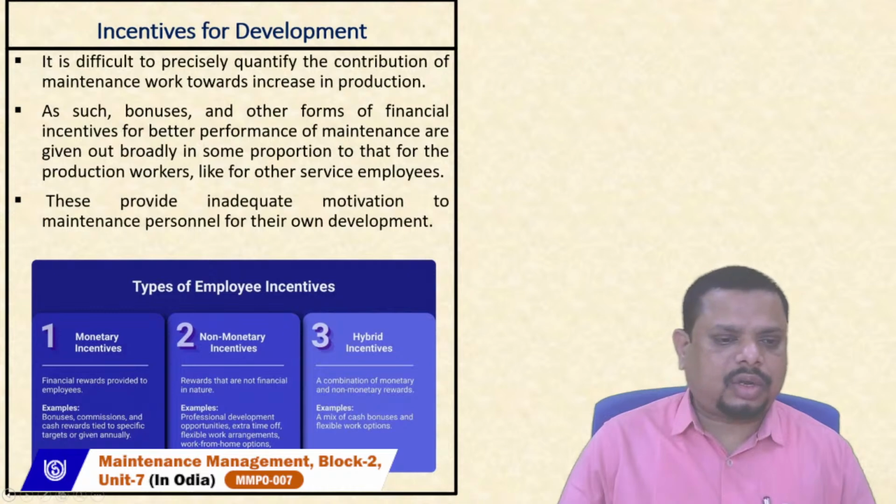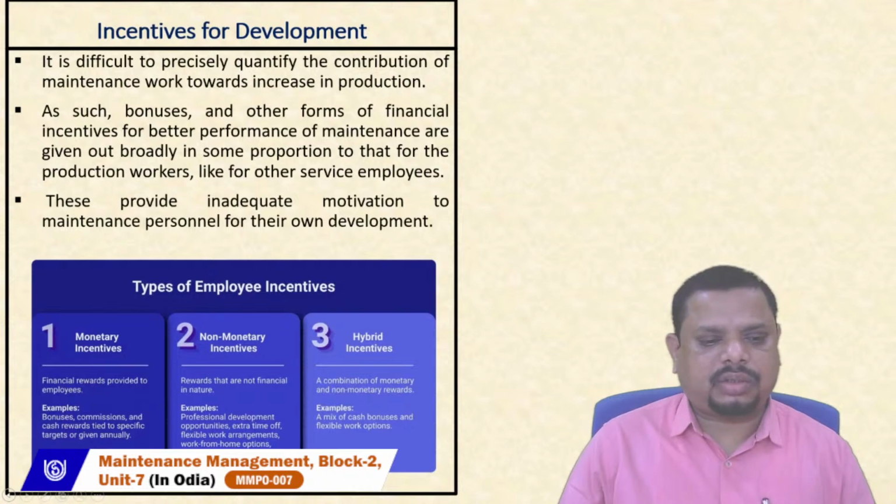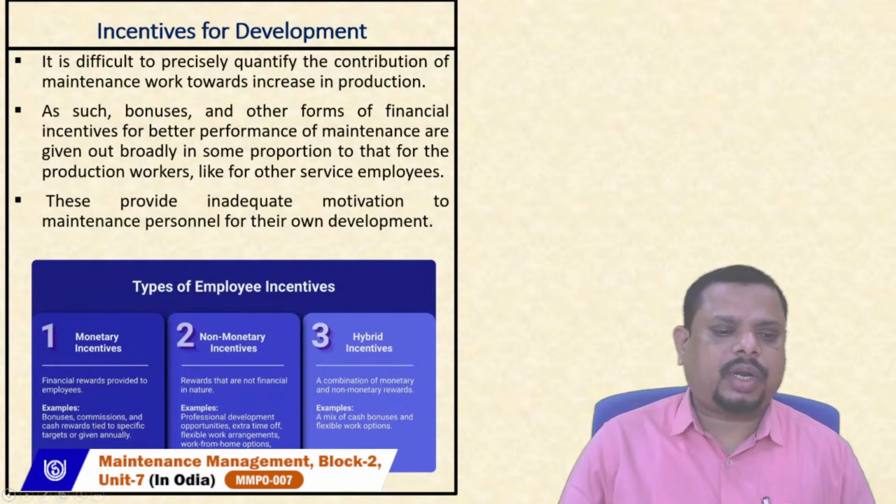Non-monetary incentives are rewards that are not financial in nature, for example professional development opportunities, extra time off, flexible work arrangements, work from home options, trips and events. If you observe Indian Railways, they provide long travel allowances. This is one kind of non-monetary benefit.